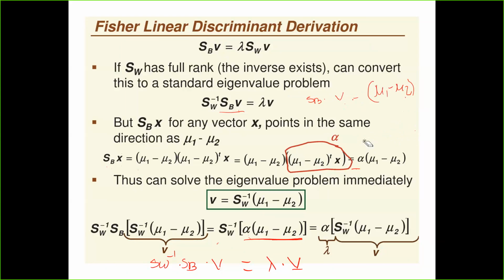That we are proving here, right? So SB you are expanding. This is equivalent to mu1 minus mu2 times mu1 minus mu2 transpose times x. And this mu1 minus mu2 transpose x is a scalar. All right, so let us take it as alpha. So alpha times mu1 minus mu2. So this is proving that SBx is in the same direction as mu1 minus mu2.